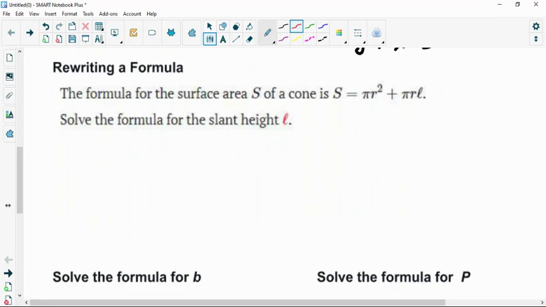So I want to get L by itself. Well, something to point out is that L is being multiplied by pi and multiplied by r.